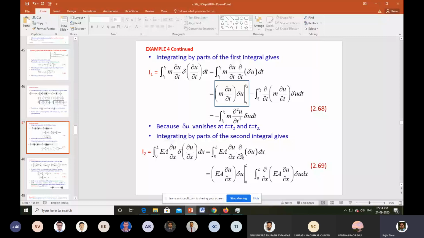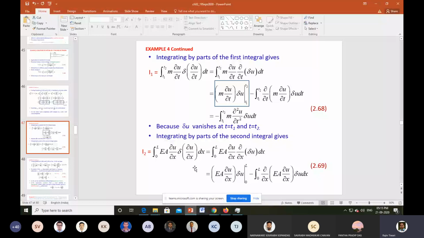So this is the integration by parts of this. Here del u may not be 0 at x equal to 0 or x equal to L, as it was for the time case. So this will not vanish. We'll retain this particular term for the second integration.